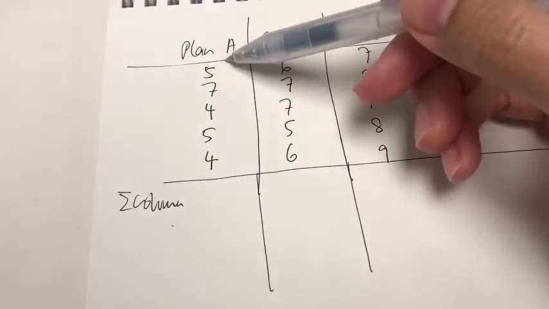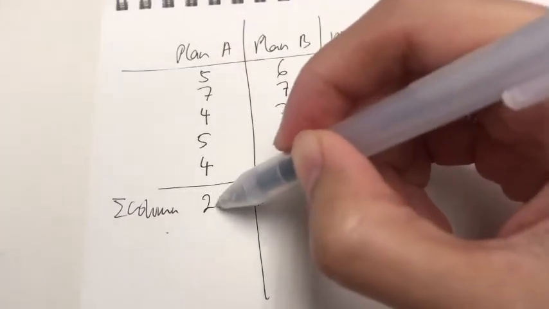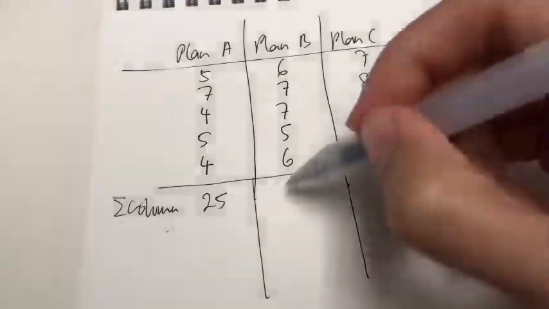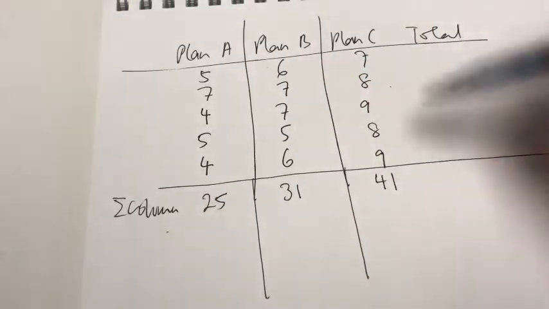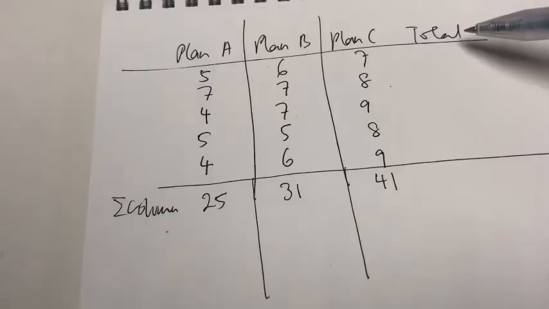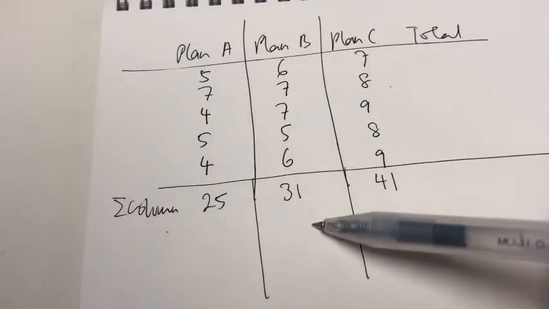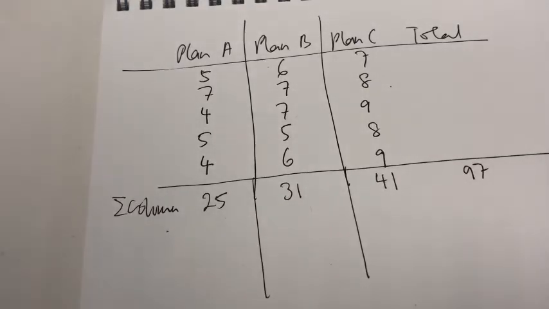Just add them all up; you can use your calculator. Adding them up, you'll get 25. Add all of this up, we'll get 31. Add all of these up, you'll get 41. Now this is where we use the new column. I want you to add them horizontally. Add 25 plus 31 plus 41, and you will get 97.